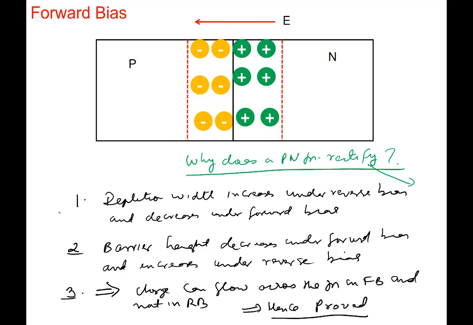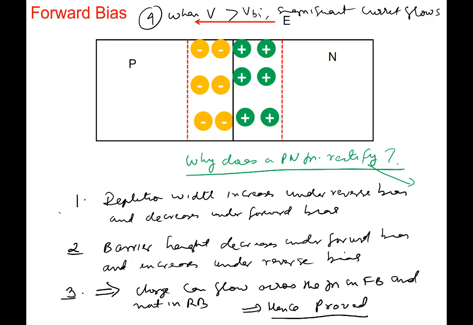Okay, so you are saying 4. Number 4 is saying when V becomes larger than VBI, significant current flows. All right.